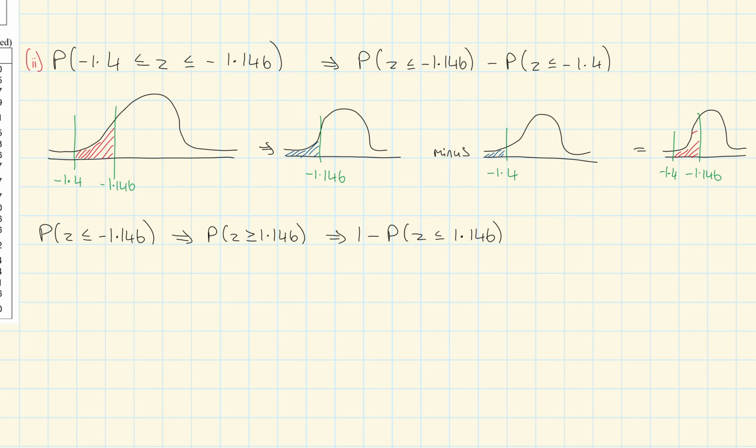And then the second one, we have the probability that Z is less than or equal to minus 1.4.